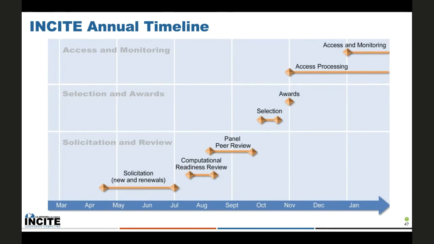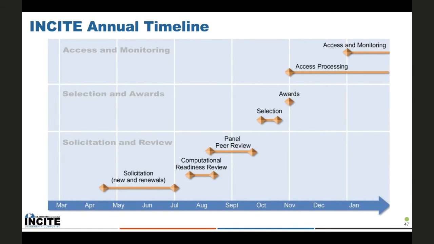Then awards usually come in the beginning of November. Then we'll start the access processing. The facility will contact you, you will get all the technical details figured out, and then you'll get your access in January. From that point, you'll run and write your periodic reports and consume your allocation, hopefully successfully generating new science.